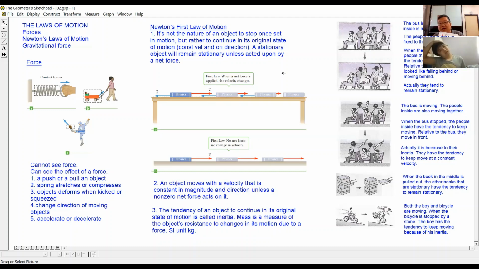But you don't expect this object to move in this direction, that direction, up and down. No. These four forces acting on the object will produce a net force, and this net force is only in one direction. The four forces add together to produce a net force, and this net force will cause the object to move in a certain direction.